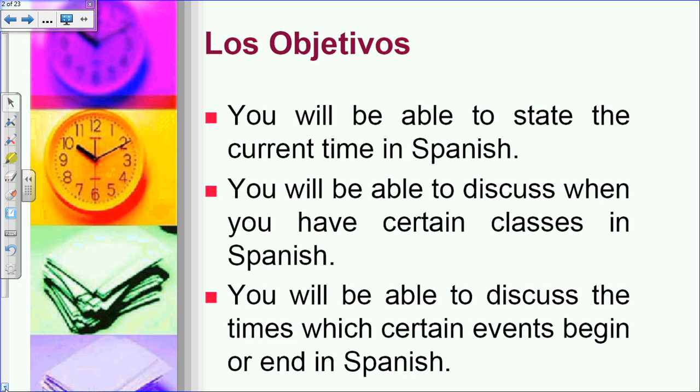So I want you to be able to say the time, so it is 9 o'clock. When you have certain classes, so I have Spanish class at 2 o'clock. And then you'll be able to discuss the times when certain events begin or end in Spanish. Okay. So these are the three things that I would like you to be able to do over the next couple days.